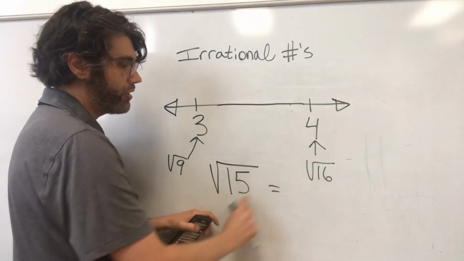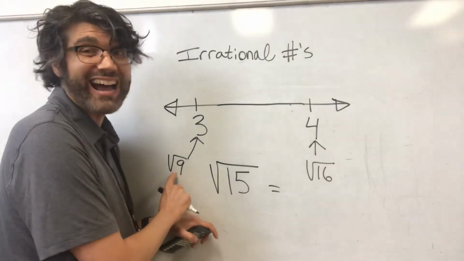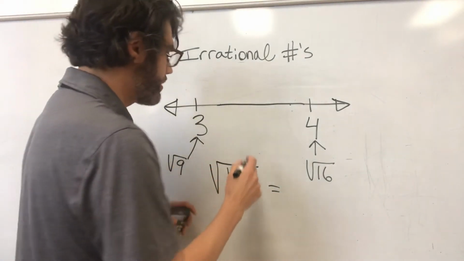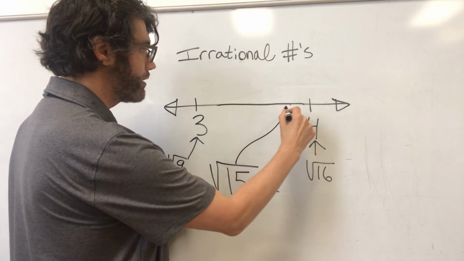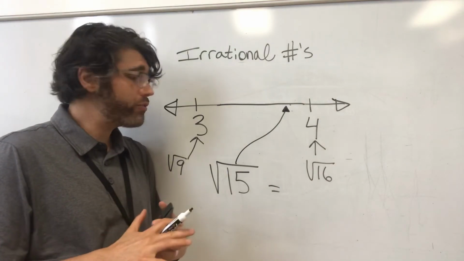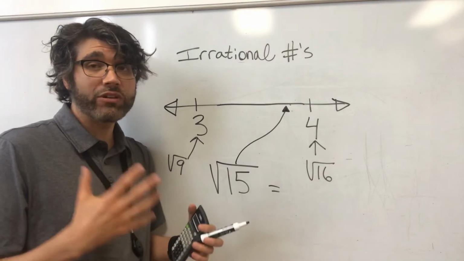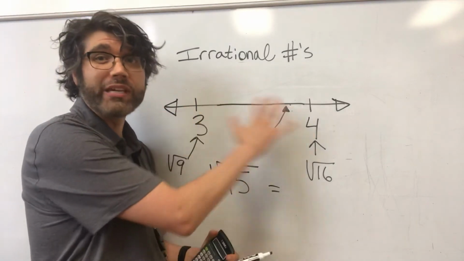It's much closer to 16 than 15 is to 9. So it's somewhere in between, but I would say it's somewhere over here. Even though without a calculator it's difficult to go much further, you can at least guess where it would be on this.